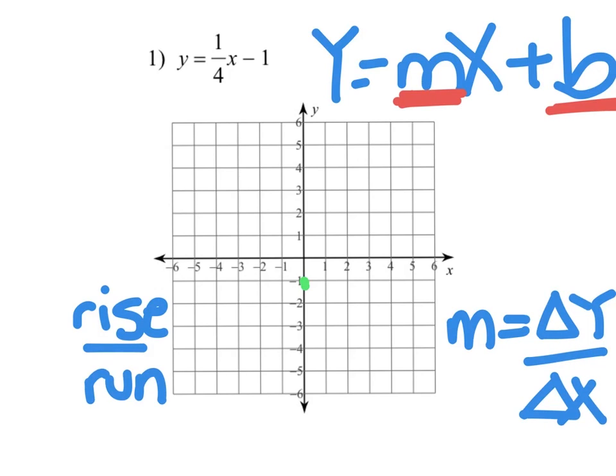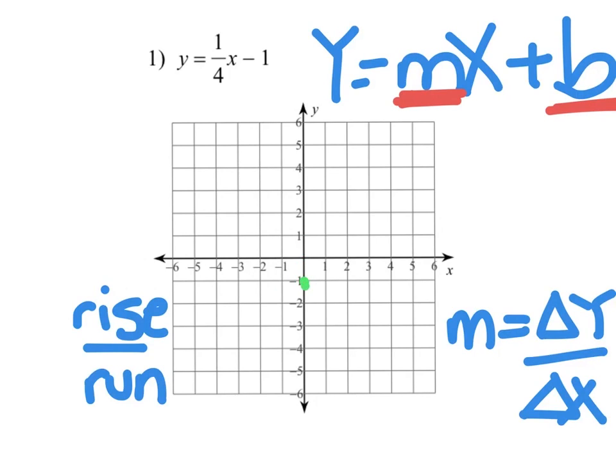Okay, so we're going to start counting the rise and run from the y-intercept, from this point that we have here. A common mistake is to start counting the rise over run from 0, 0, from the origin, but no, that would be totally incorrect. We need to start counting from this point, the y-intercept.